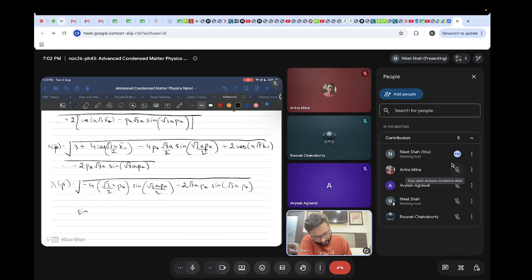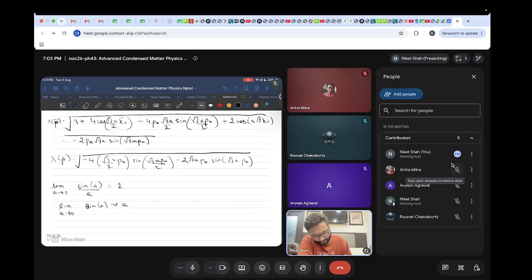Now we know that sine a by a for limit a tending to 0 equals 1, which means at limit a tends to 0, sine of a can be approximately written as a itself. So therefore lambda of p becomes what?